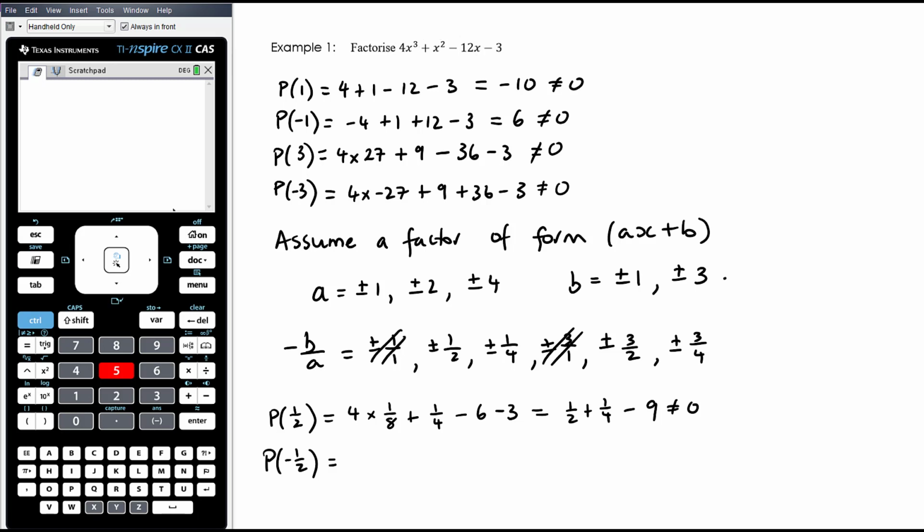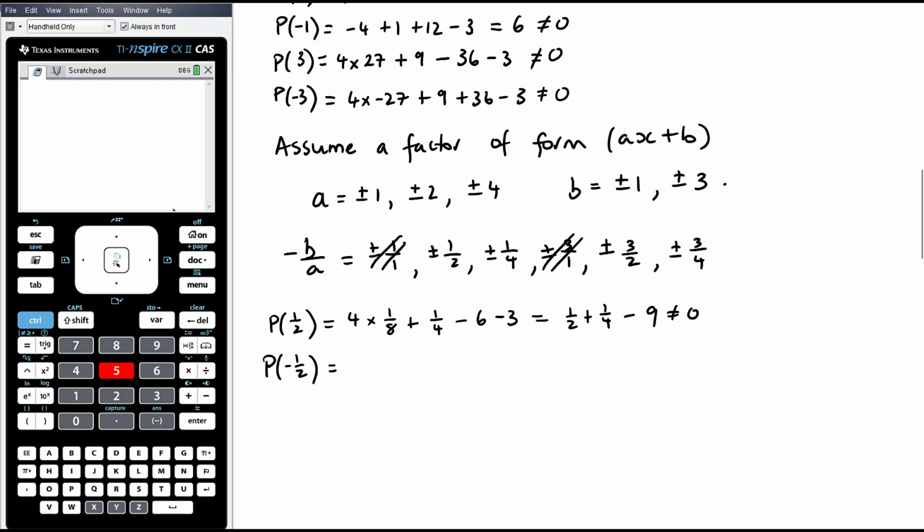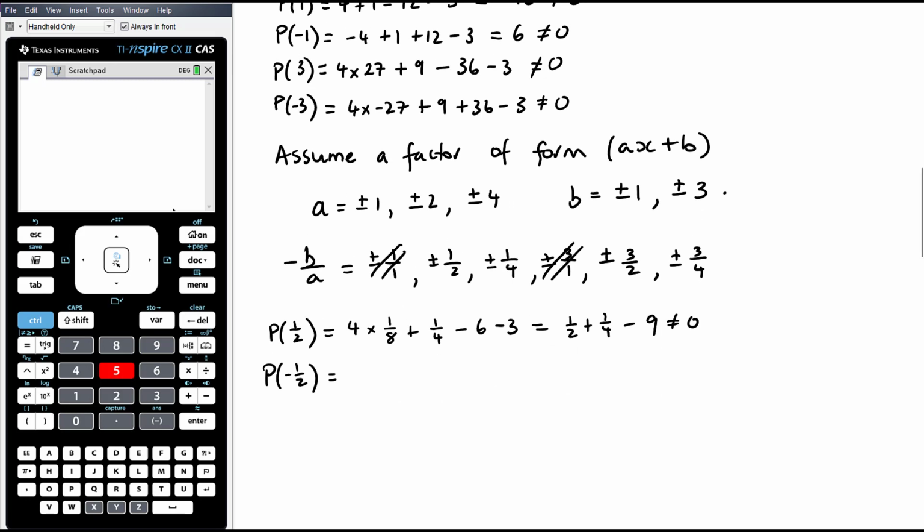So it's just changing the sign of the first and third terms. So that's now going to be 4 times negative 1/8, still plus a quarter, plus 6 and minus 3. So that's going to be negative half plus a quarter plus 6 minus 3. So again, negative half plus a quarter, that's negative a quarter, plus 3, which doesn't equal 0.